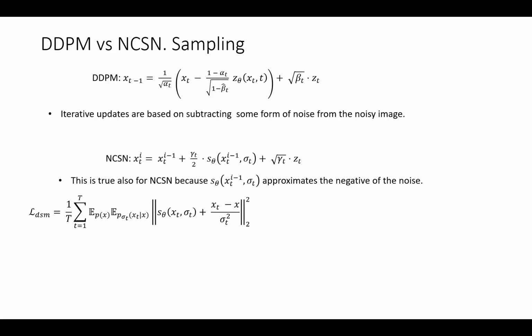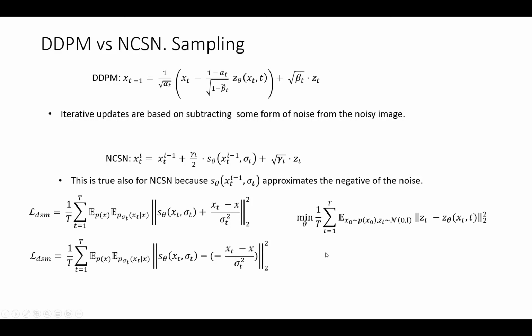Okay, so this was our loss function for the DDPM, and then this is the loss function for score matching. We can rewrite this because there's a minus here, it becomes plus. This is for score matching, and this is for DDPM, and this is a simple loss function.